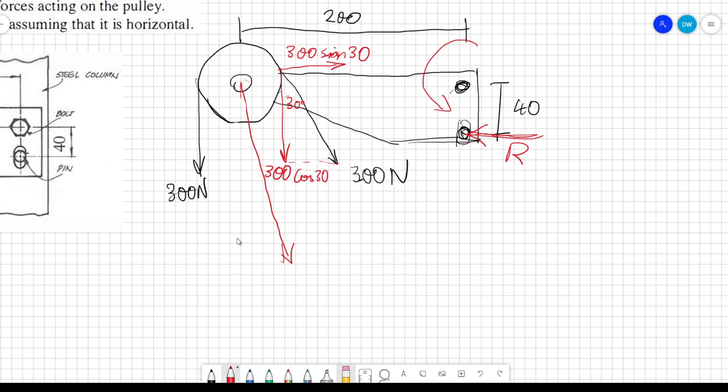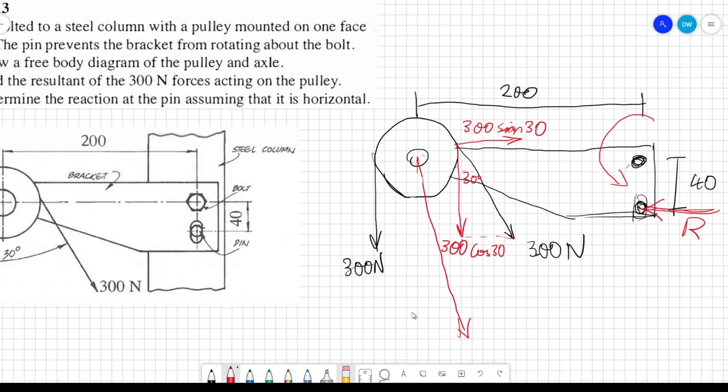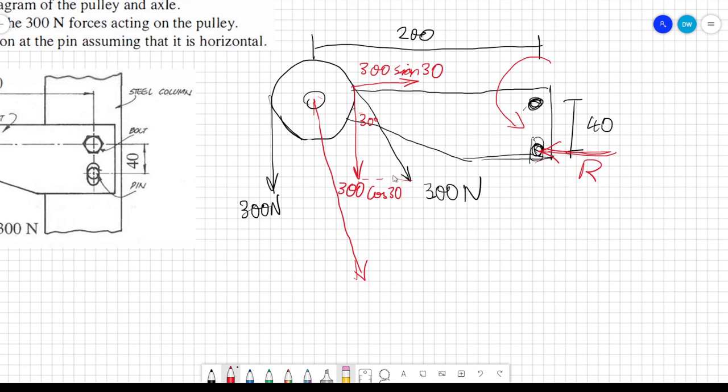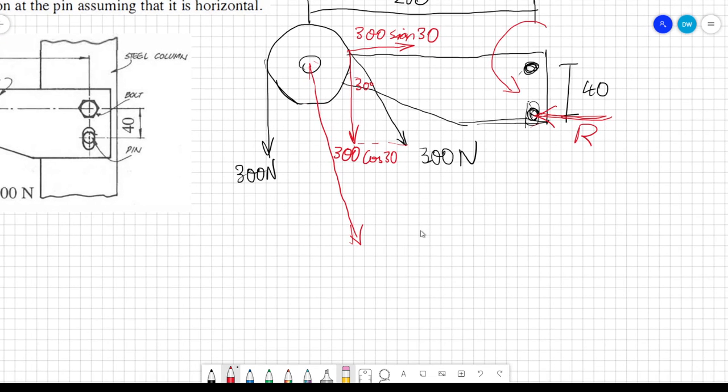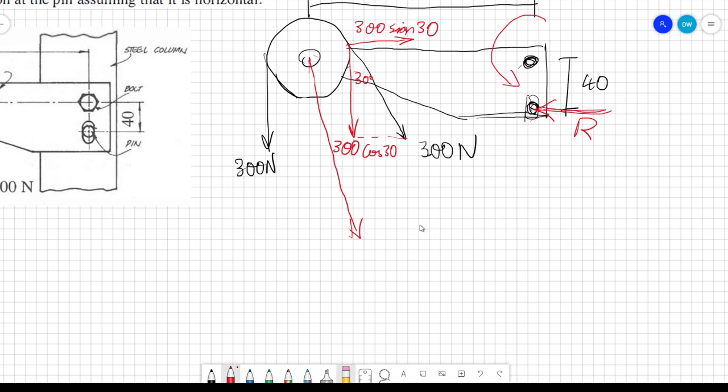Now, if we want to find the resultant, the resultant force will be the sum of all of these. So in the vertical direction, we have 300 cosine 30 plus 300. So this is all the forces in the vertical direction.